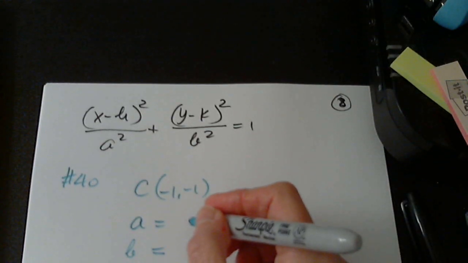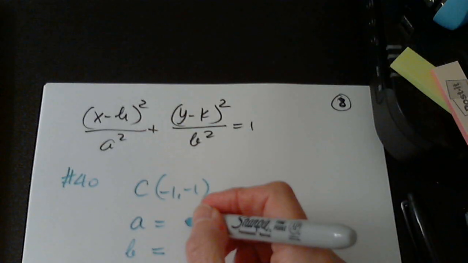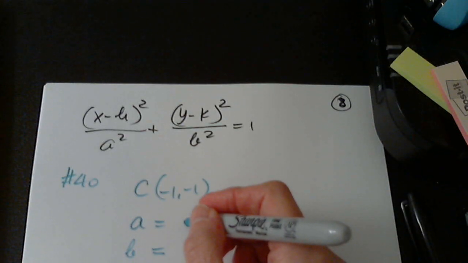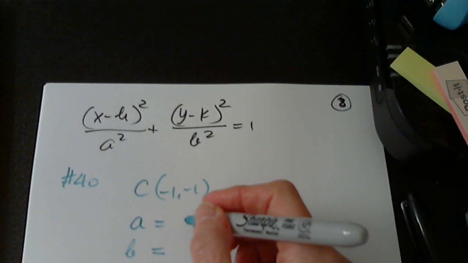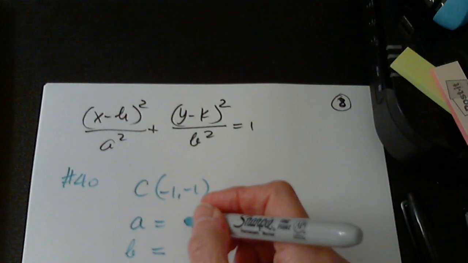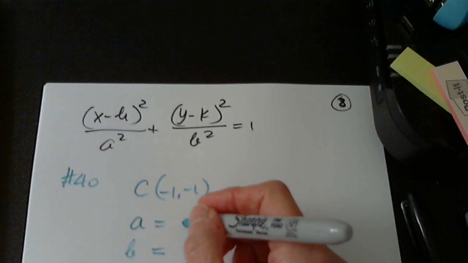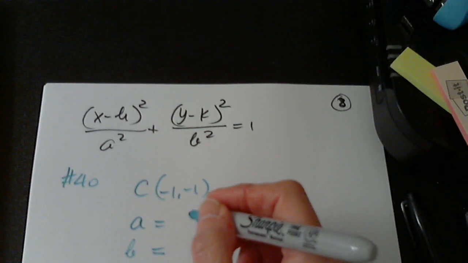How much is A from the graph? The major axis is vertical.